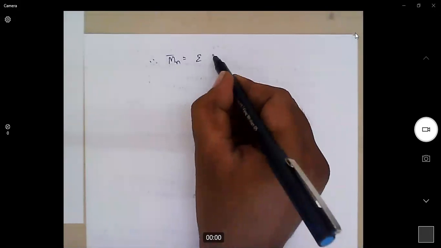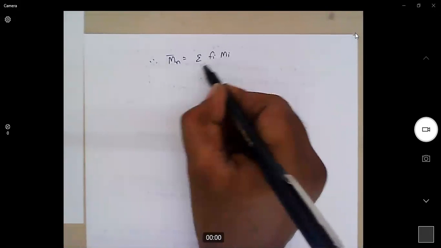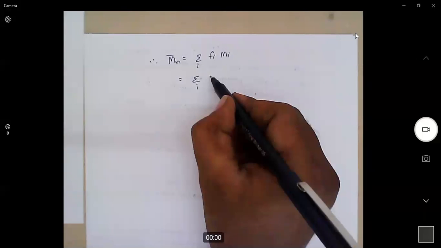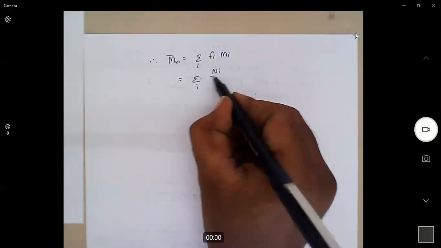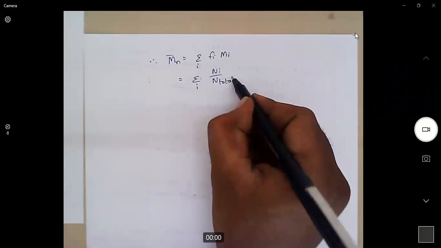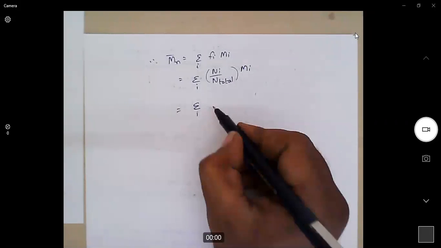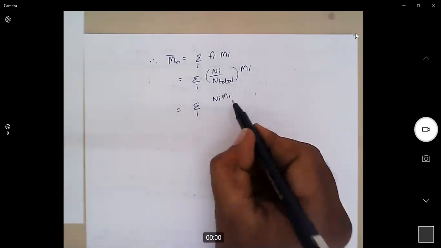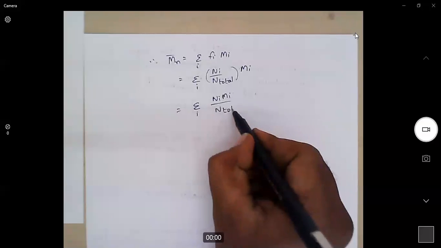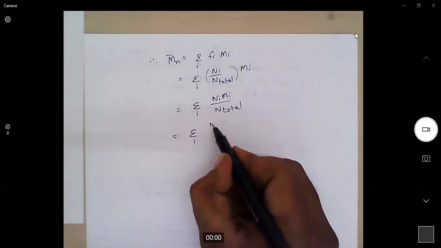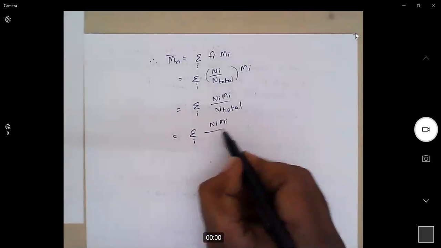Therefore, number average molar mass is given by sigma Fi Mi over i. We know what is Fi, the fraction. Fraction is nothing but Ni by N total into Mi, or sigma i Ni Mi by N total. This we can also write as sigma i Ni Mi by, what is N total?